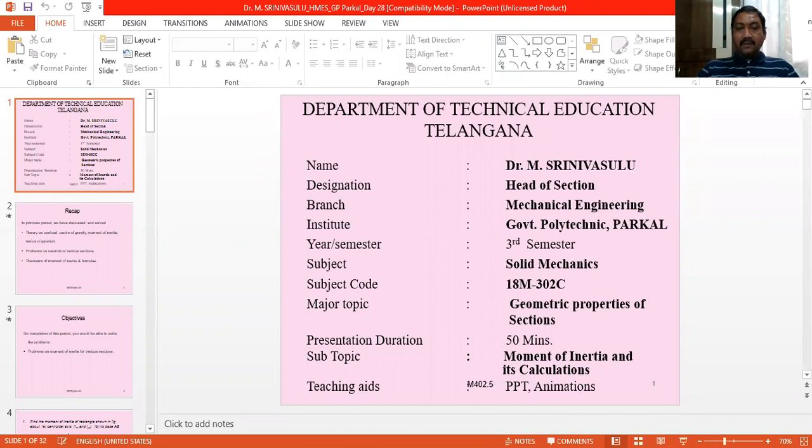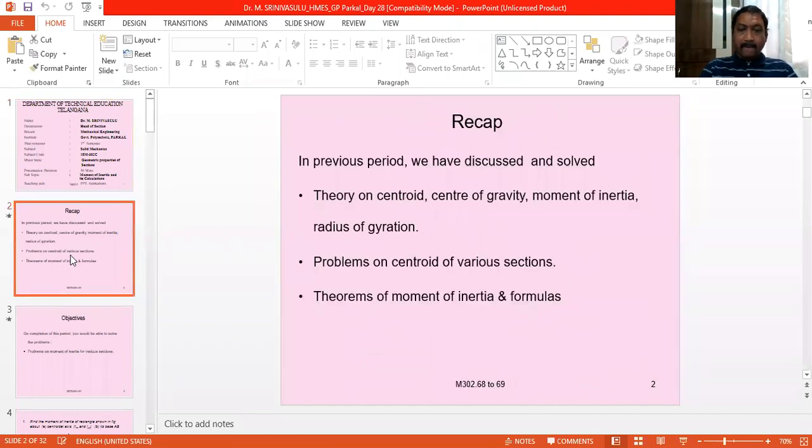Now, today's lesson is the moment of inertia calculations. In the previous classes we have defined the centroid, CG, moment of inertia, and theorems of moment of inertia.